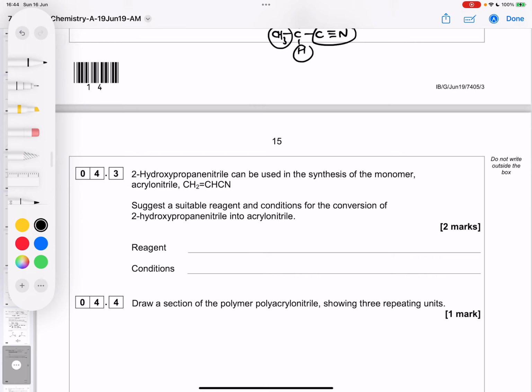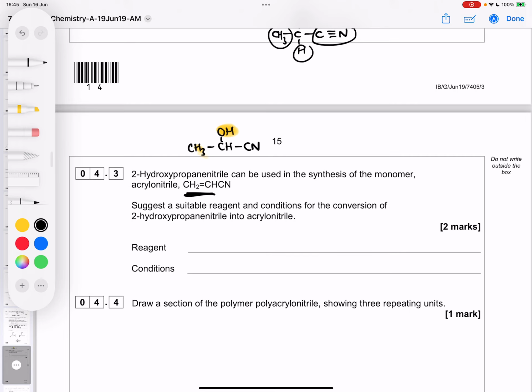2-hydroxypropane nitrile can be used in the synthesis of the monomer acrylonitrile. So we can see here, if we go back to our 2-hydroxypropane nitrile, had an OH and then a CN. We've lost the OH and then one of these H's from the CH3.